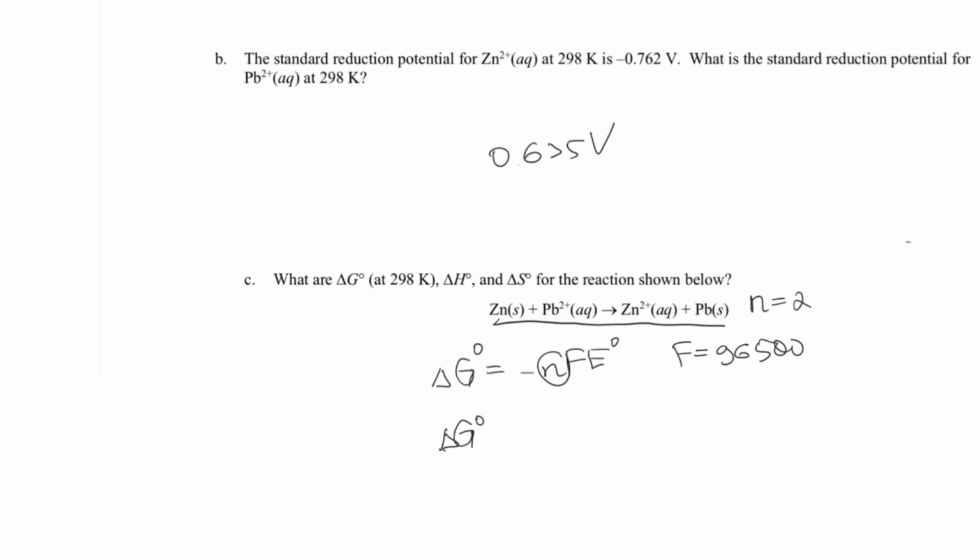Our delta G will be equal to negative 2 multiplied by Faraday's constant, multiplied by the cell potential. And this number is equal to negative 122,555 joules per mole.